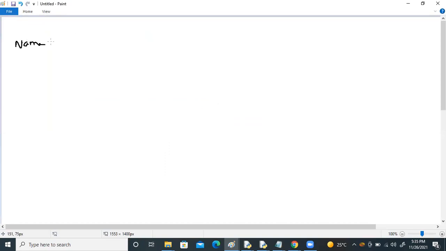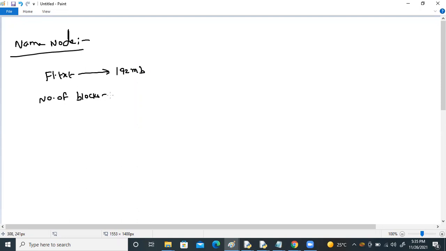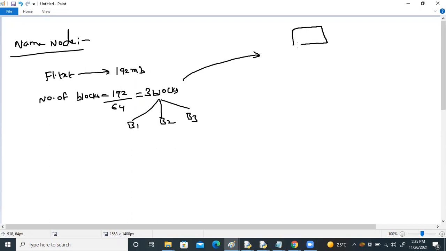Assume f1.txt is 192 MB. Number of blocks: 192 by 64, so we have 3 blocks, B1, B2, and B3. How are these blocks stored across the slaves, in a single master and multiple slaves?